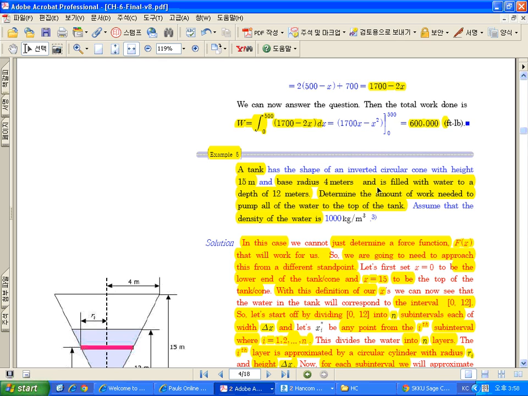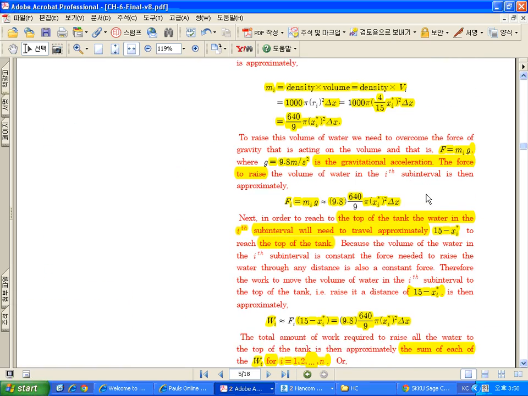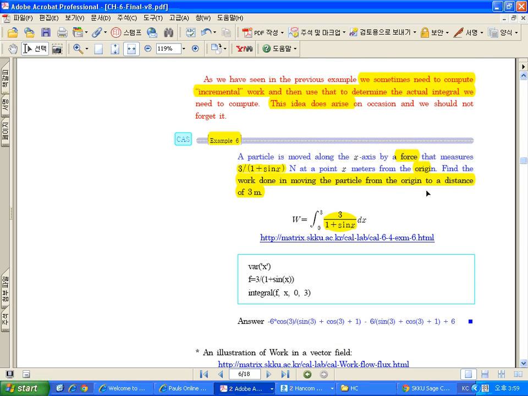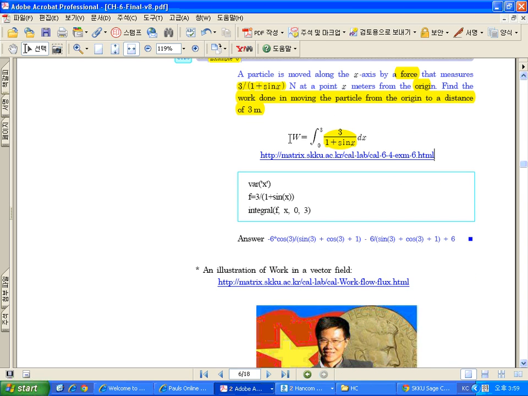Since you already know F is equal to ma, and W is the integral from a to b of f of x dx, whenever you fix the mathematical formula, the model of the given situation, then work can be found by the definite integral of this.